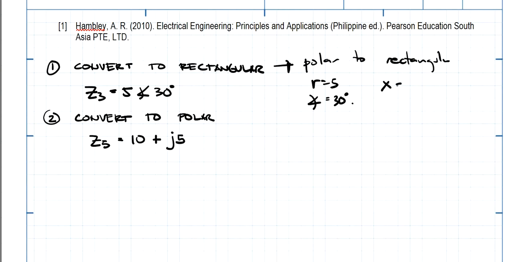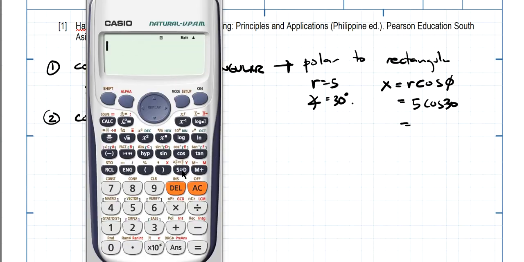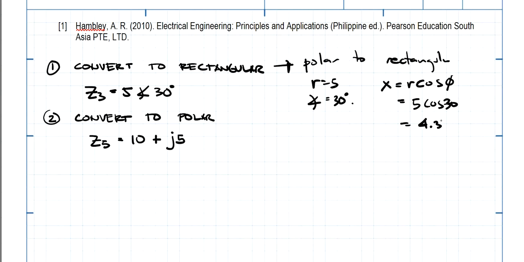The x value is r cosine theta, or phi, so we substitute 5 cosine 30, and that is 4.33 units. And then for y, this is r sine theta, or phi, that is 5 sine 30.